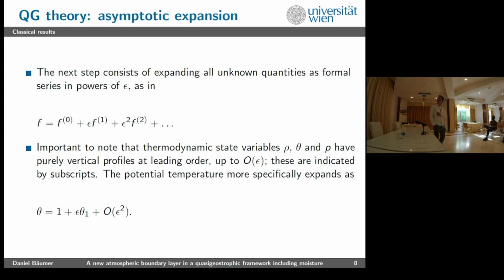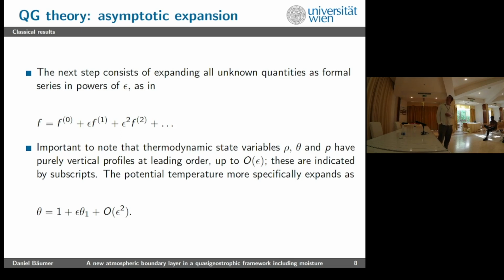Okay, and the thermodynamic state variables, pressure, density, and temperature, have purely vertical profiles at leading order and up to the first order perturbation, right? Now, for the physicist, at least, it is clear that the leading order terms for large-scale flows should have purely vertical profiles, because we can separate those state variables into a background state that is derived from an atmosphere at rest, and then perturbations from that, right?